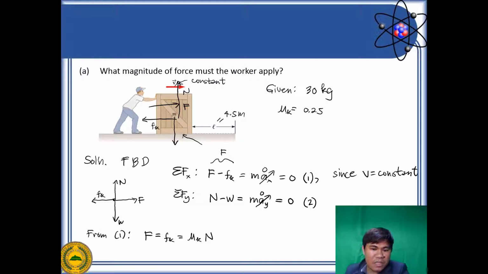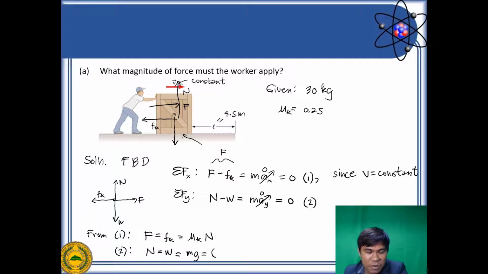This is our definition from our previous topic on Newton's laws. On the other hand, from equation number 2, we can extract the information that the normal force is equal to the weight. But the weight is just equal to mass times acceleration due to gravity.